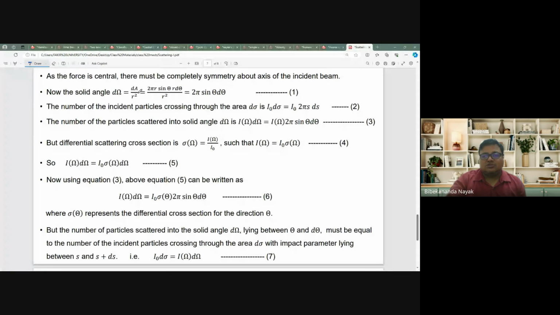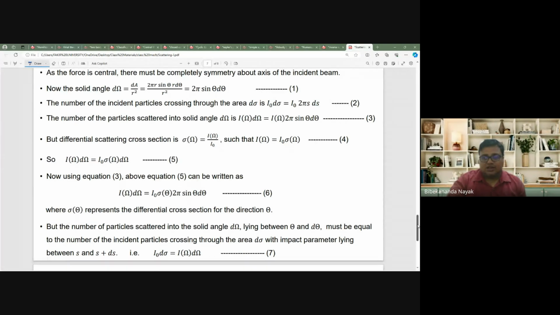So dA by r square is 2 pi r sin theta r d theta by r square, which gives 2 pi sin theta d theta. So the number of incident particles will be I0 2 pi s ds, and the number of scattered will be I omega 2 pi sin theta d theta. We have to find the ratio I omega by I0, which is the scattering cross section.